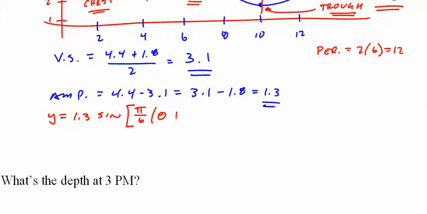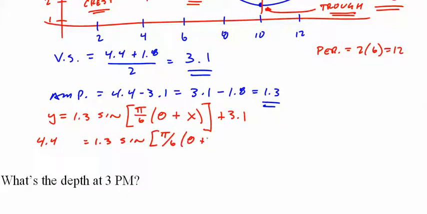Theta, we don't know what this is, we'll just give it an x for now, plus 3.1. So we're going to take that point, 4, 4.4, and plug it in. 4.4 equals 1.3 sine pi over 6 theta plus, 4 plus x, plus 3.1.